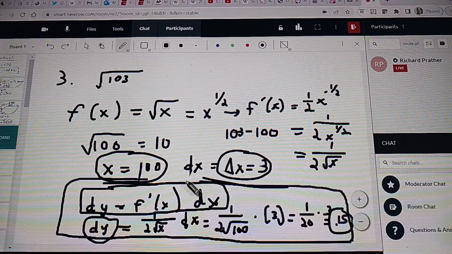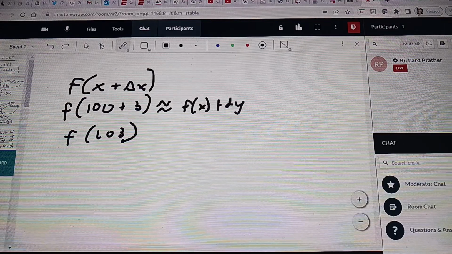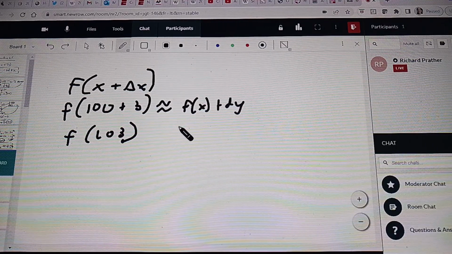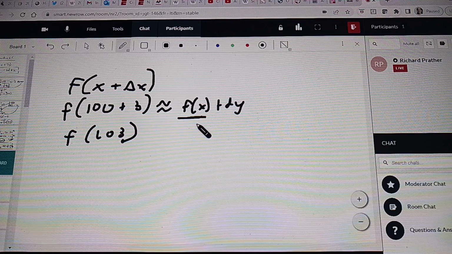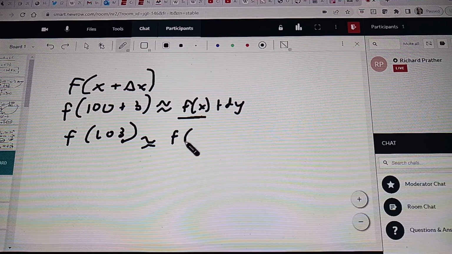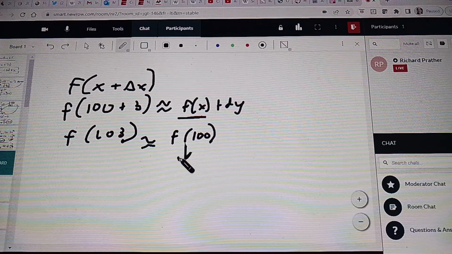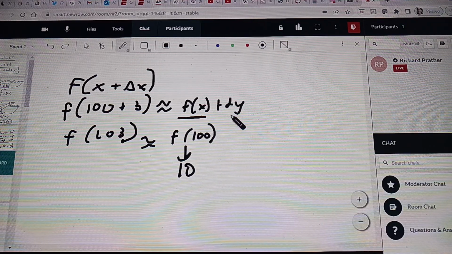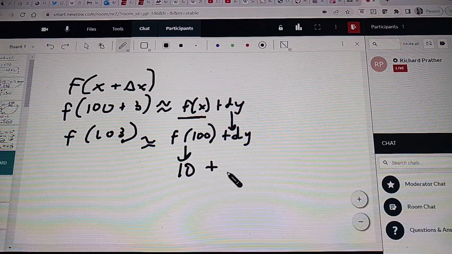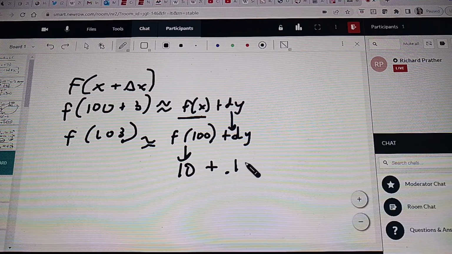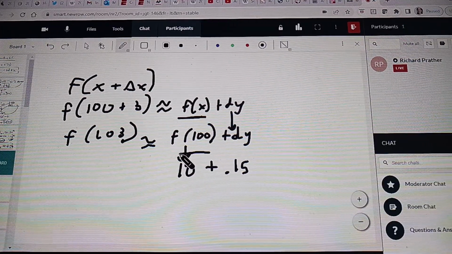You do this first, but then you have to add it back to what you started with, the one you picked out. So the square root of 100, f of 100, the square root of 100 was 10, and then my dy was what I just calculated, 0.15. So it's one step extra than the first two problems.